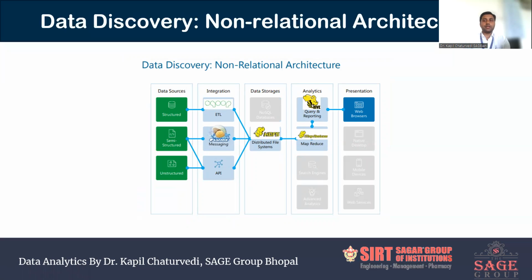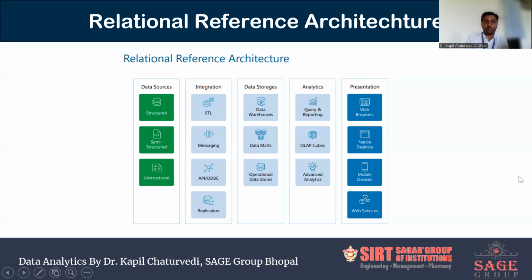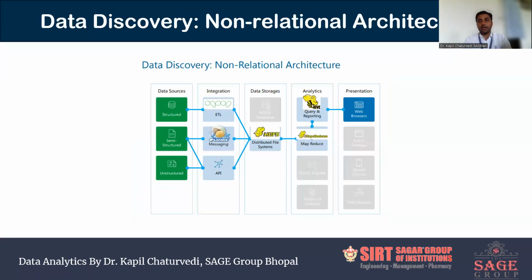But in real-time scenarios, right now, we are talking about big data. It means we have lots of data, and we cannot perform all these operations manually, because we have lots of data in the data centers.